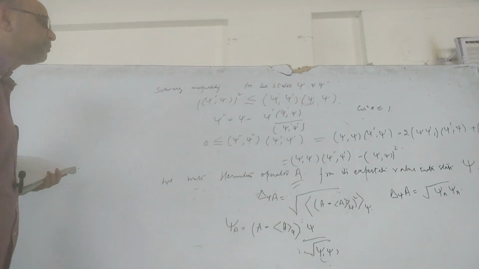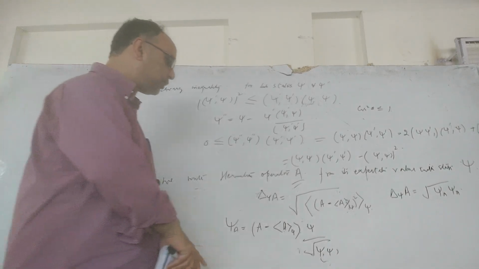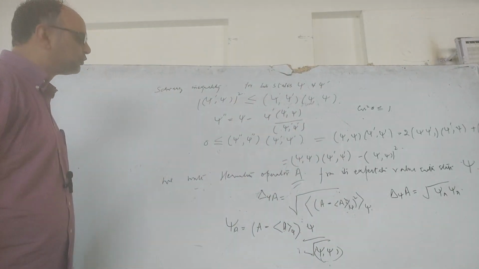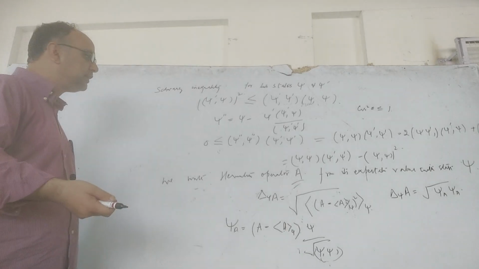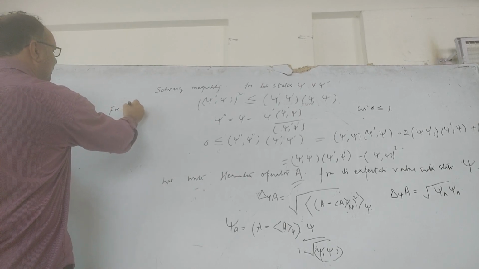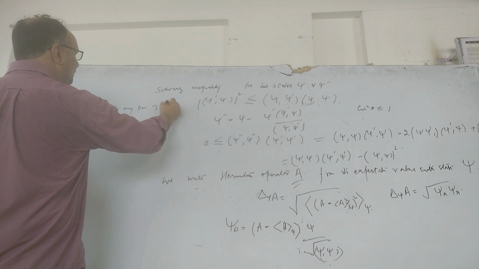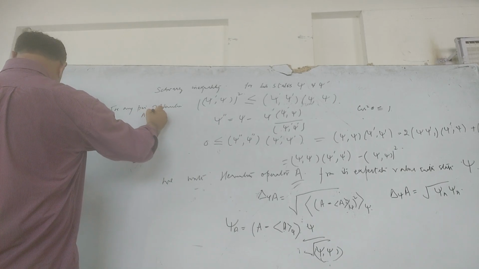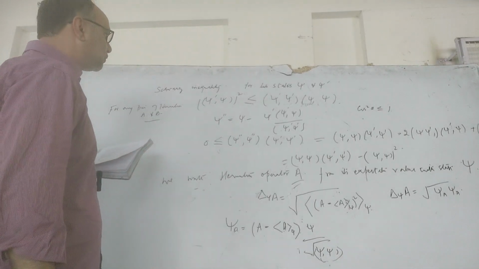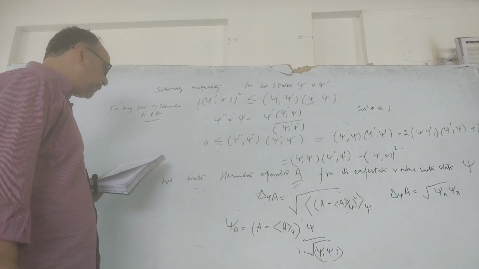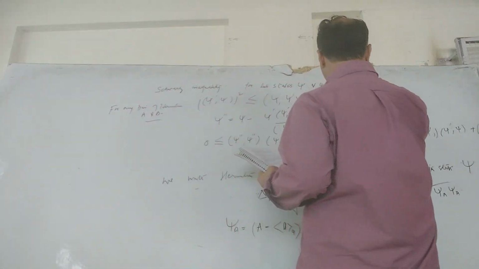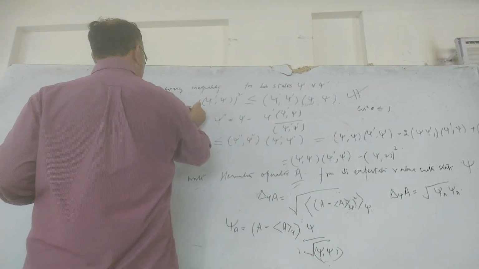So now for any pair of Hermitian operators, if you have two Hermitian operators A and B, and using this Schwarz inequality, we are going to use this inequality here.